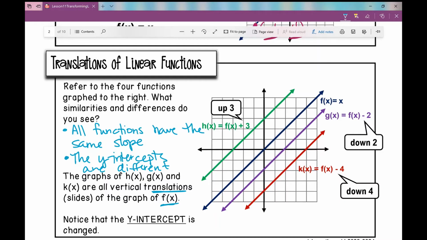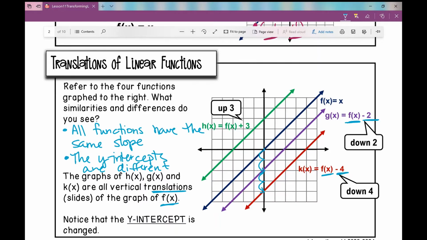As you can see, the graph of f of x right here in dark blue, that's our parent linear function. If we move that parent linear function down 2 units, now we've got g of x, which is the graph of f of x, and we moved it down 2, so minus 2. If you move it down 2 more, you create k of x. K of x is f of x, which is the graph in navy blue, minus 4.